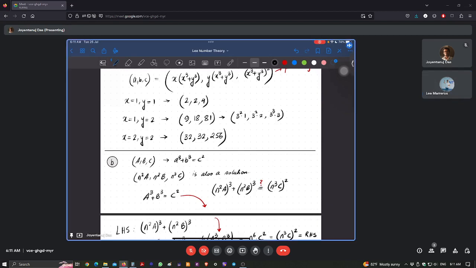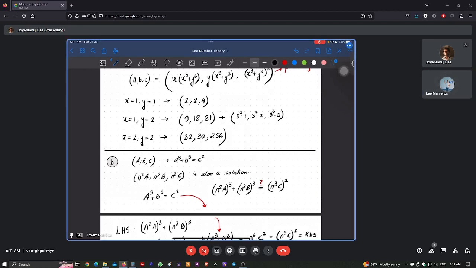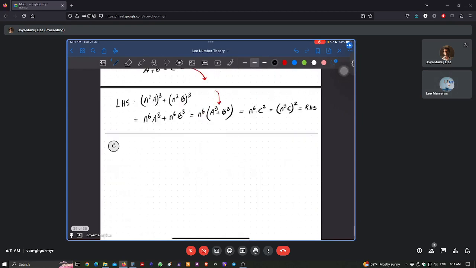So here the definition of primitive is that it is not of this form. Let me write it down, then you'll understand.